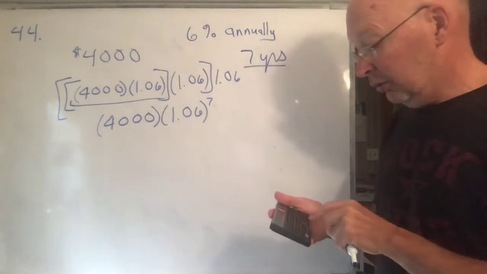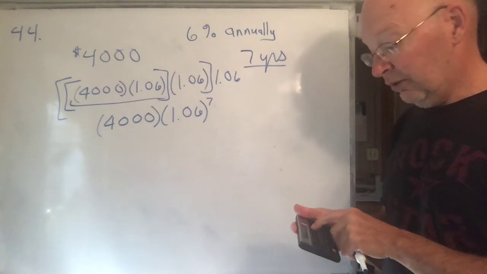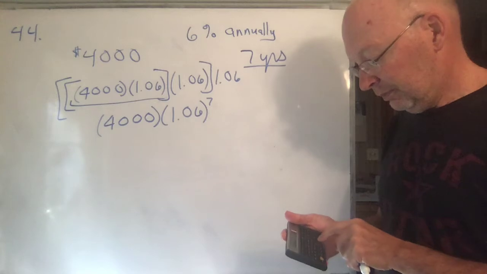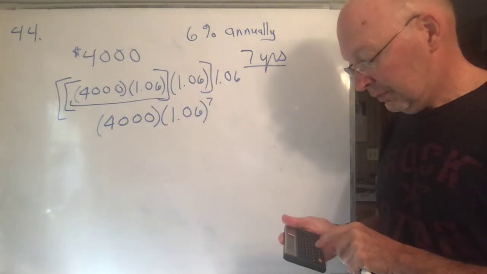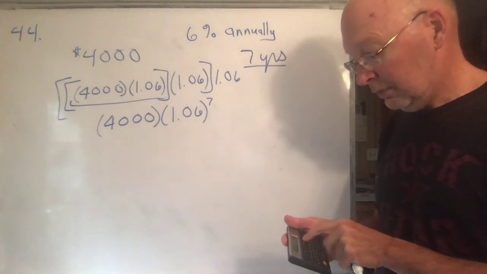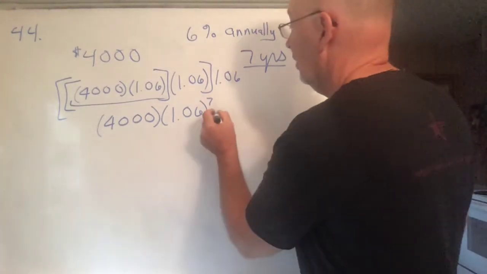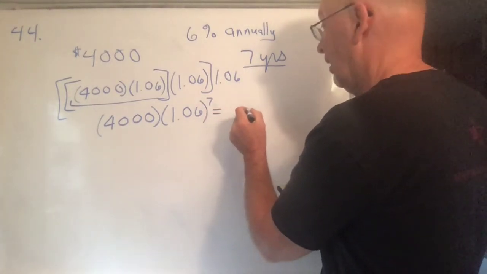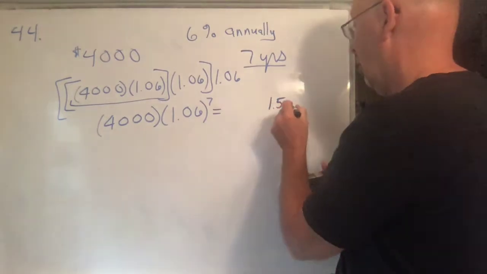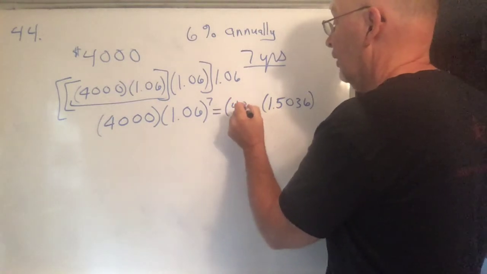So all we have to do is take 1.06 to the 7th power, do that again, and you get 1.5036, and then you multiply that by your 4,000.